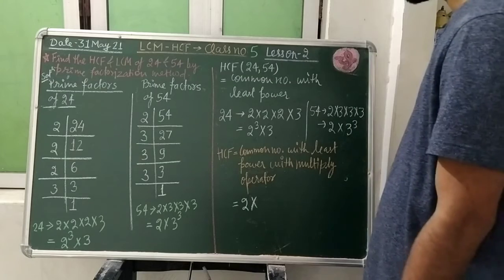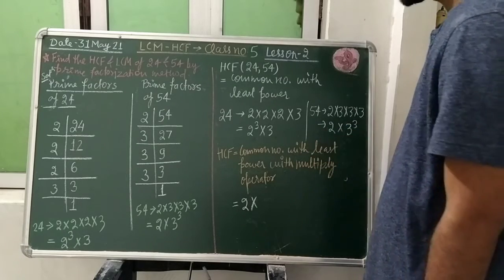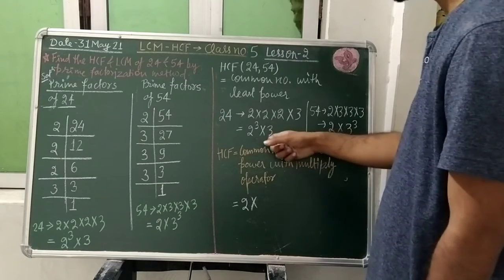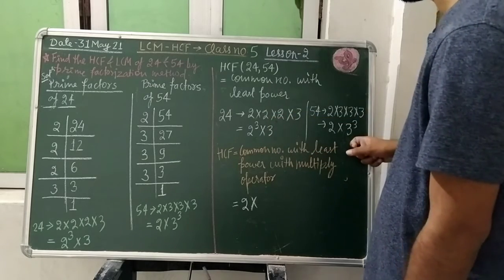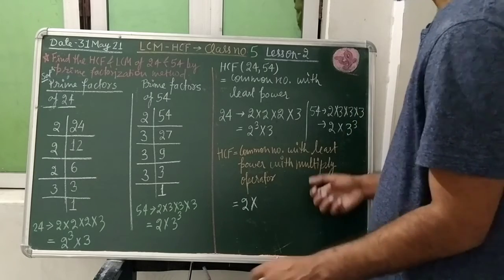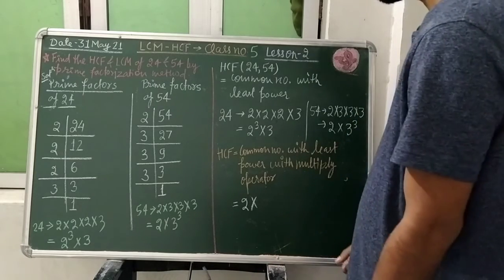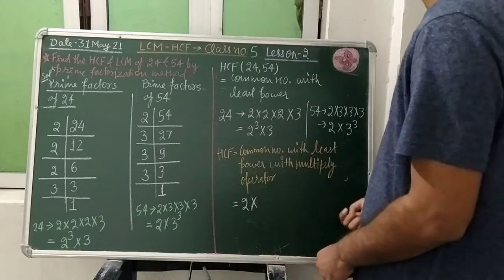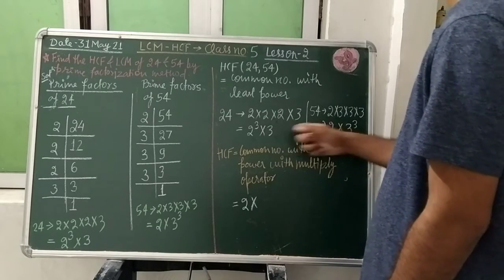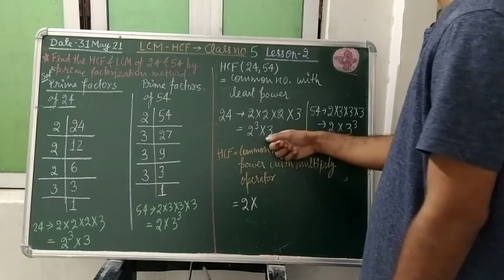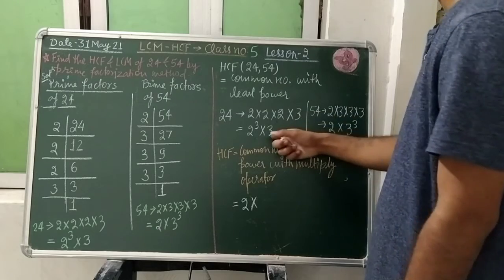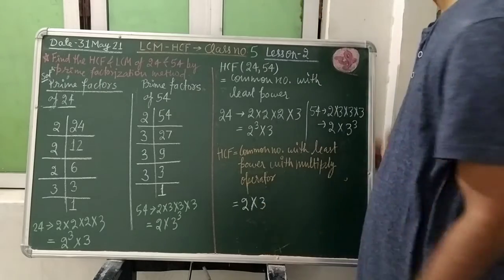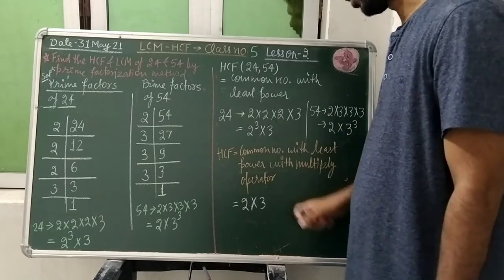As we are considering the common number with least power, 3 is common, but the least power is here 3 to the power 1, here 3 to the power 3. So we shall move for the least power. In the case of HCF we shall move for the common number with least power. So 3 is also common, but the least power is 3 to the power 1. So we will write that with multiply operator.